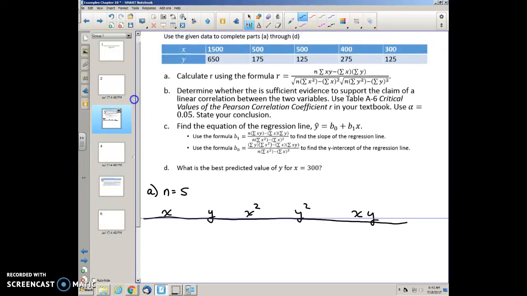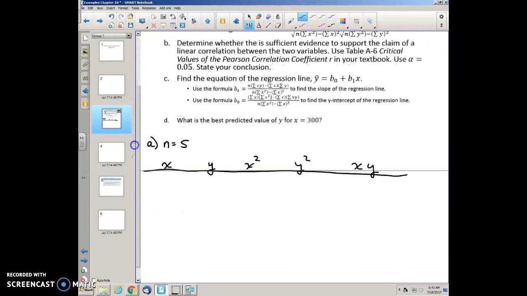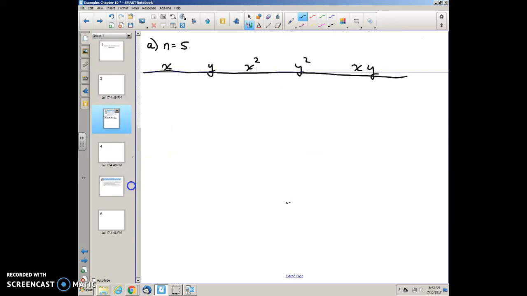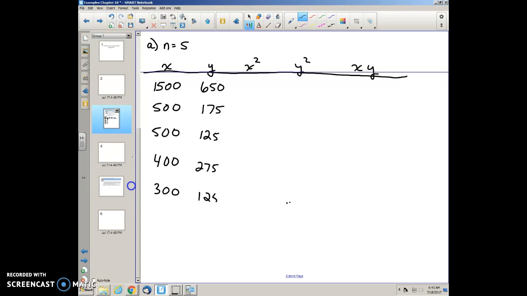Alright, so the first thing you do is you just list your x values straight down underneath your x column. Then you list your y values under your y column. You might want to separate them like this.